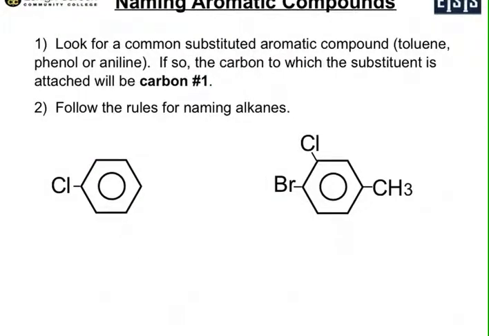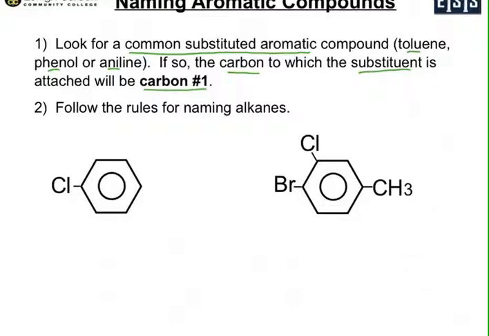So this final slide talks about how you name aromatic compounds, and by now you've gone through naming alkanes and alkenes, alkynes, other organic compounds. On the aromatics, what's unique about the rule there is if you do have one of the common substituted aromatics, which I just said, toluene, phenol, or aniline, then one unique rule here is the carbon on which the substituent is attached will always be given carbon number 1.